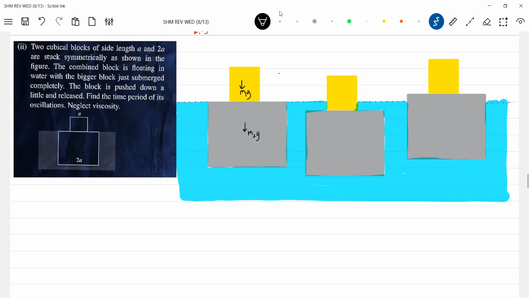And initially there's a buoyant force, FB naught. We'll try to calculate FB naught.